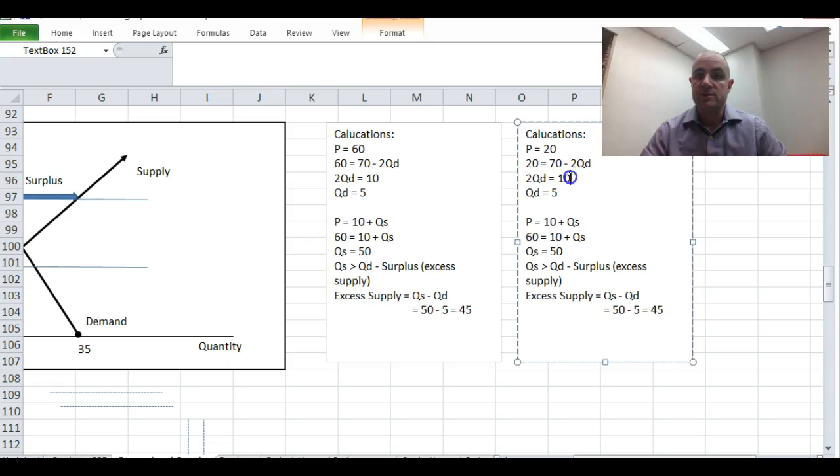And so we get 2 QD equals 50 because we subtract 20 from both sides. And so you find that when the price is 20, there are 25 units that are demanded.